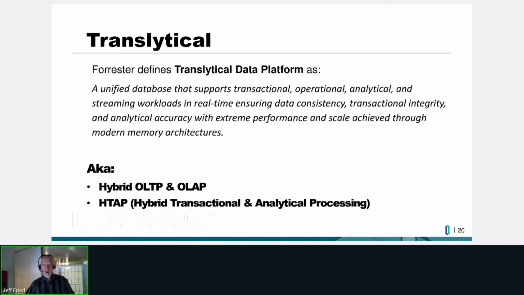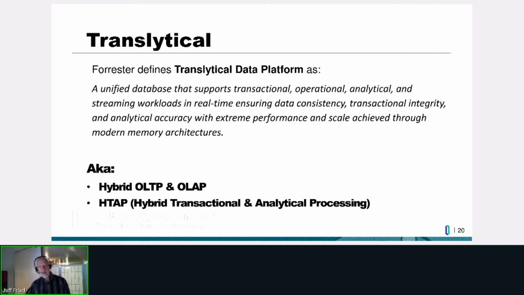There's not a common term for this. Forrester calls this translytical, which is sort of a lyrical term. Gartner, another industry analyst, calls it HTAP, for hybrid transactional analytical processing.